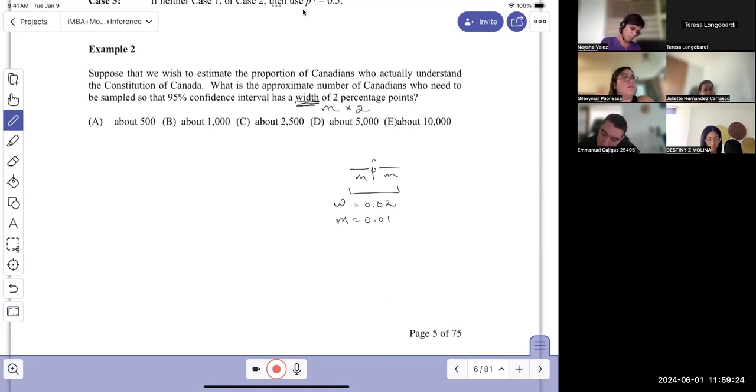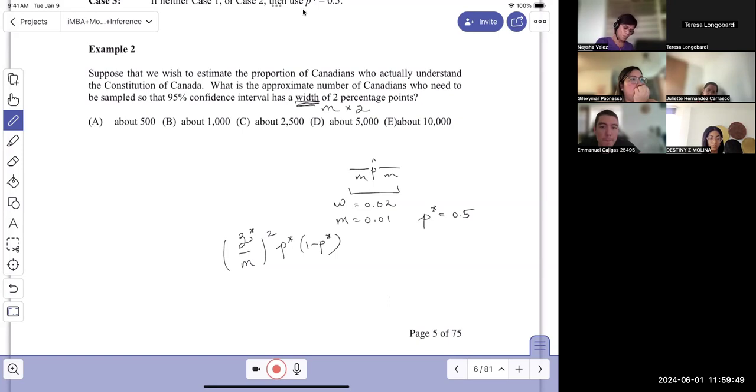So now taking the formula, we're going to take Z star over M, square it. And is there a P in here? Does anybody tell us P? We don't know P. So we're going to use 0.5. And what is Z star? For 95%, it's 1.96.